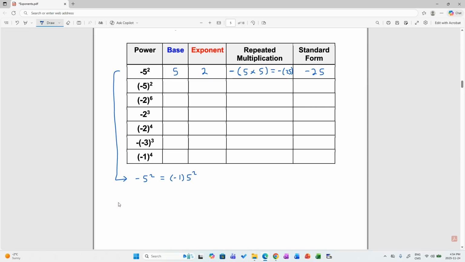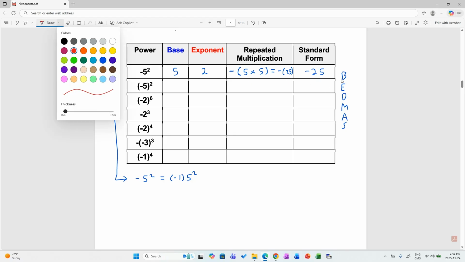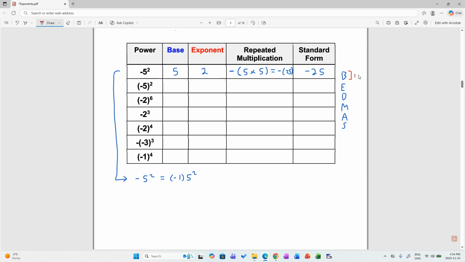If you remember order of operations, which is BEDMAS here, I always want to solve what's in the brackets first, then I solve what's in the exponents, then I solve division or multiplication going from left to right, and then addition and subtraction going from left to right, right?